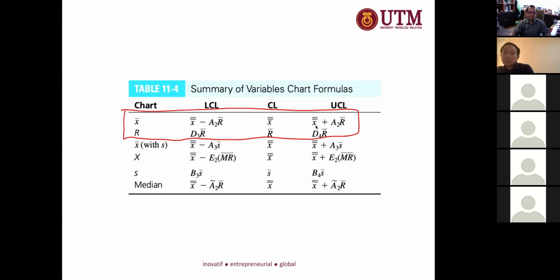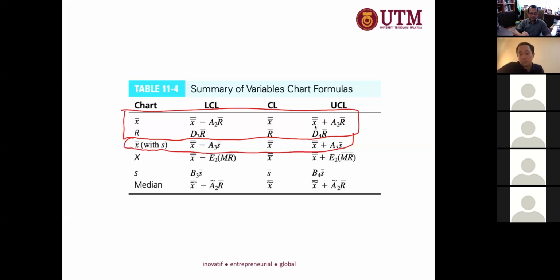As recommended by a statistician, when we have more than 6 samples in each subgroup, they recommend us to use standard deviation. So for standard deviation, we can use this one.